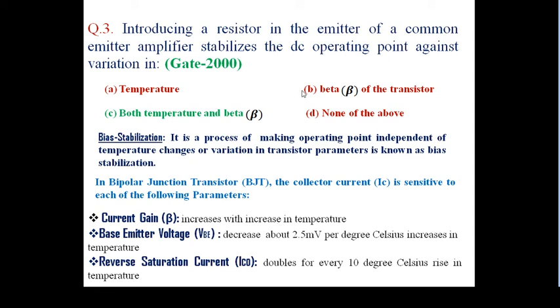There are only two options, temperature and beta. If the option is temperature, beta, and base emitter voltage, all of the options, we have to go for all of the options A, B, C. So this is one of the simple questions. Next question.